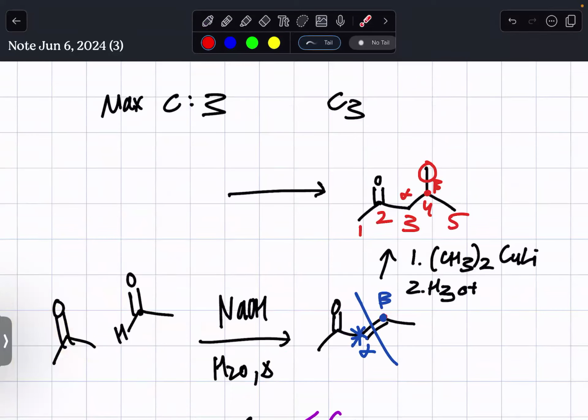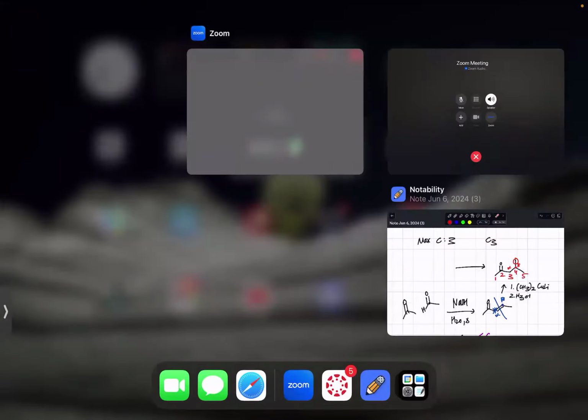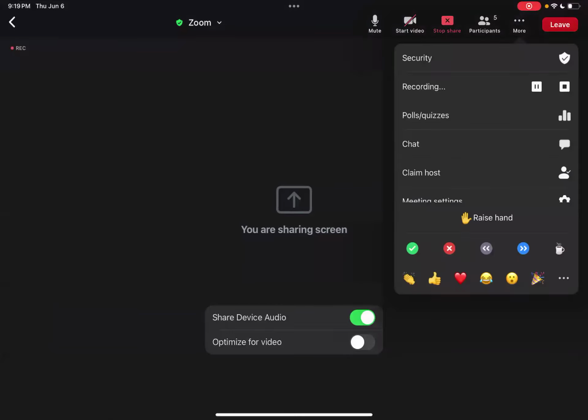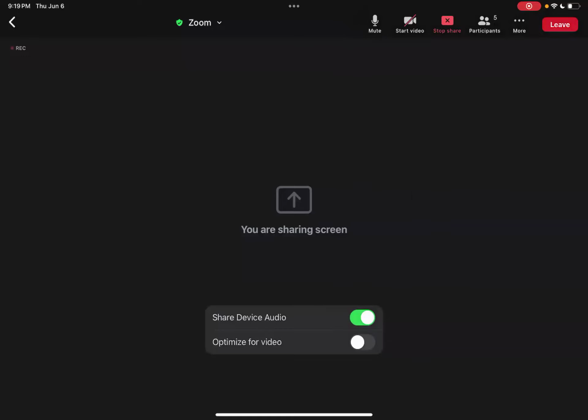Wait, let me try to turn on my MacBook really quick to see if it's still good to join. Let's see. Okay, yeah. How do I? Okay.